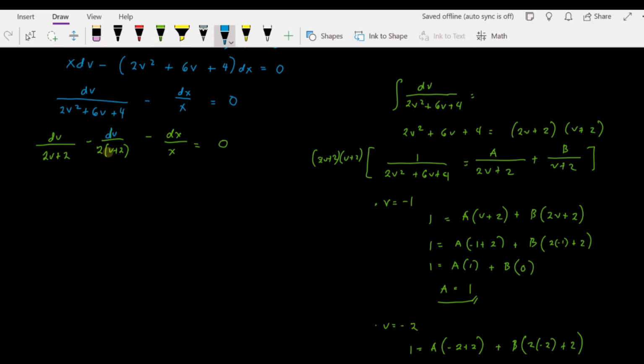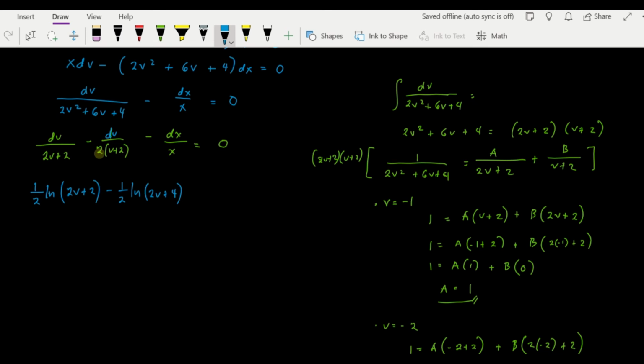Dito rin, kasi 2 times v is 2v. Then 2 times 2, 4. So, ang integral nito is 1 half ln of 2v plus 2. Okay. Minus, din 2 rin yun. 1 half ln 2v plus 4. Okay.